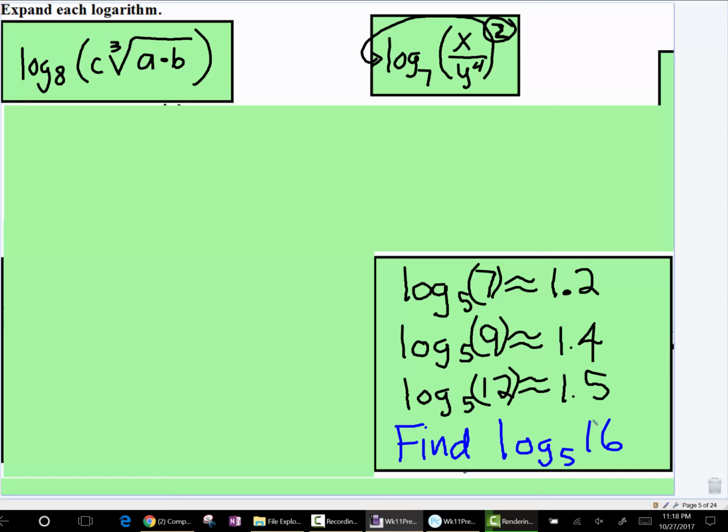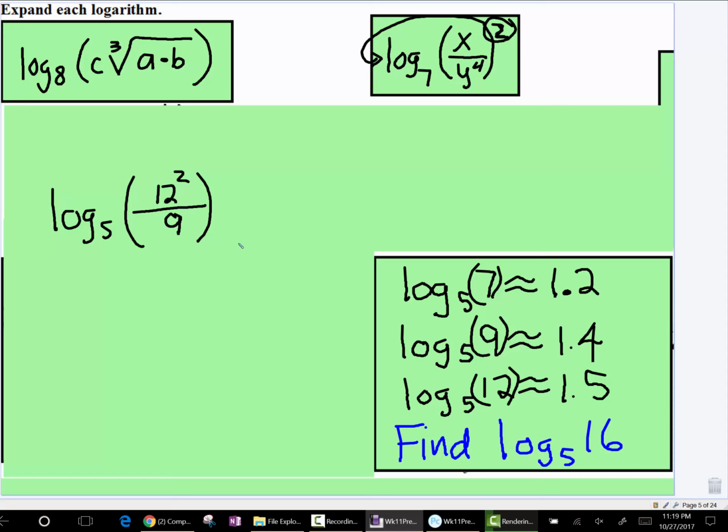Let me think about this right here. If we said log base 5 of 12 squared over 9, well, 12 squared is 144, divided by 9 is 16.